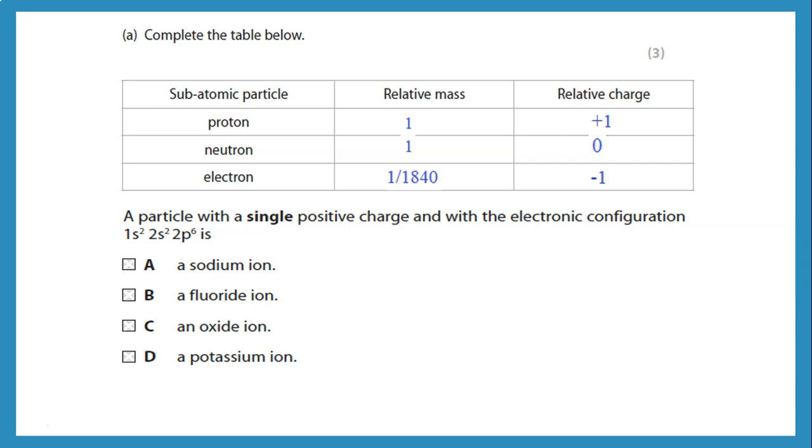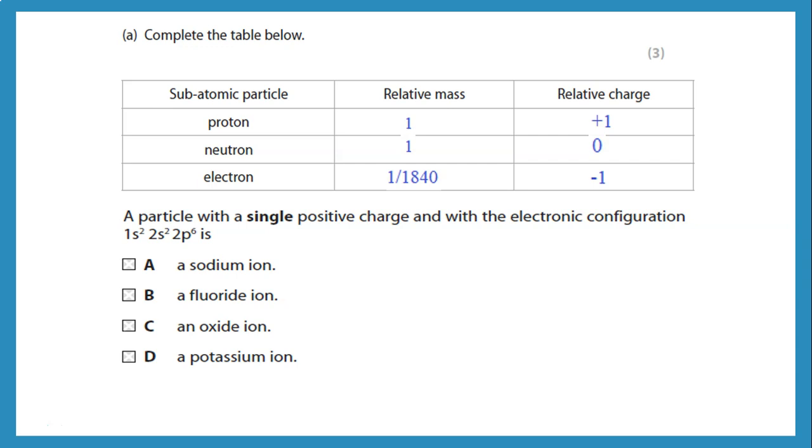Then he says a particle with a single positive charge and electron configuration 1s2, 2s2, 2p6. So positive charge, that means he's looking at a cation. Something with a single positive charge means we have removed 1 electron from its electrons.